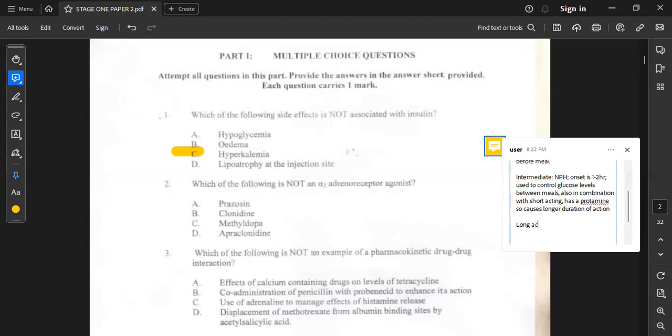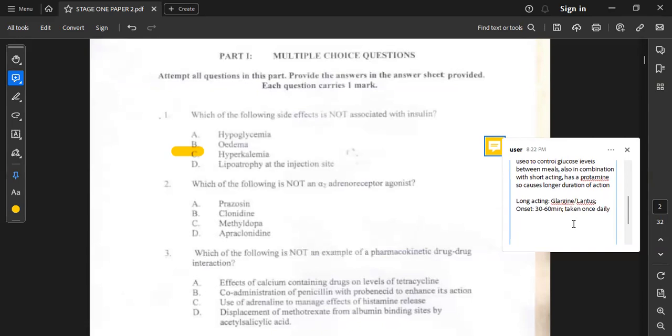Anything else? I know of Lantus as long acting. Any other? It's also called glargine. Lantus, I think, is the brand name. It's taken once daily.